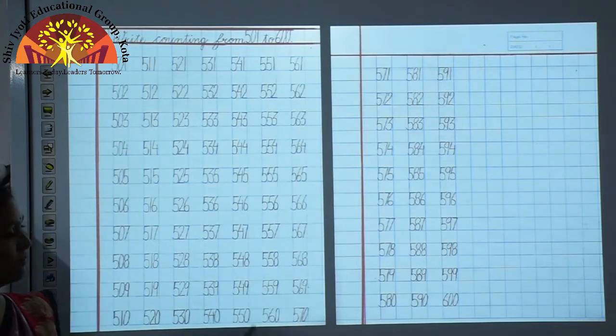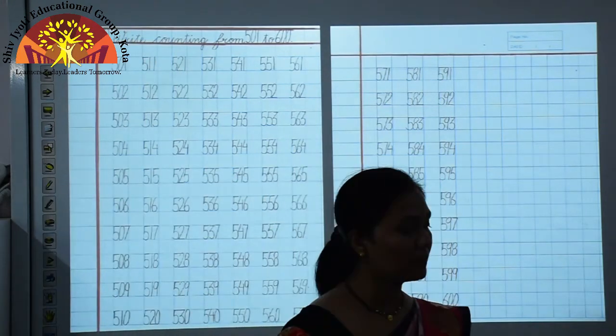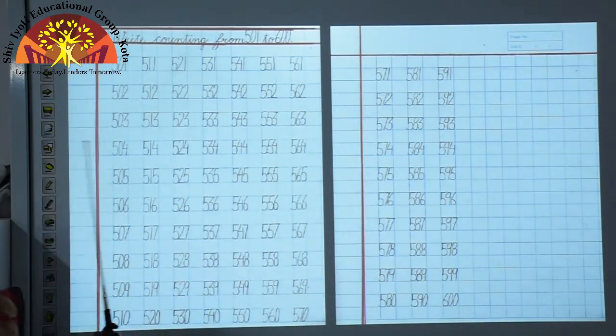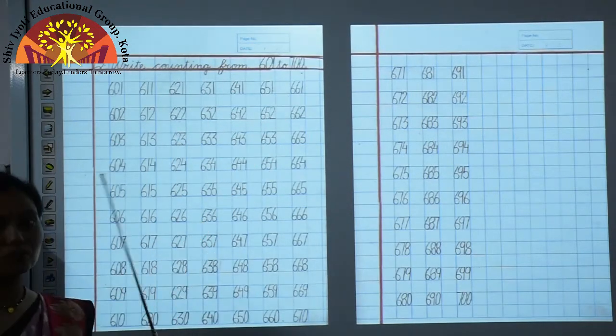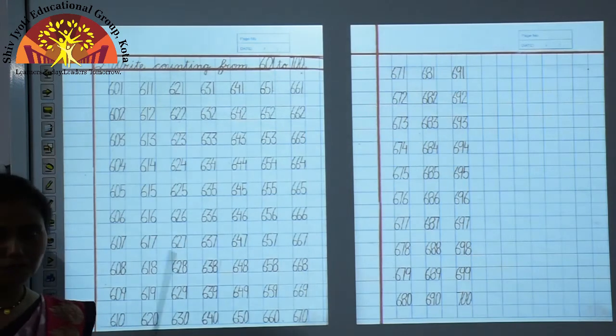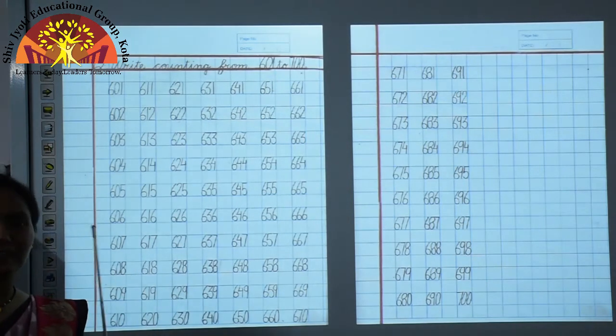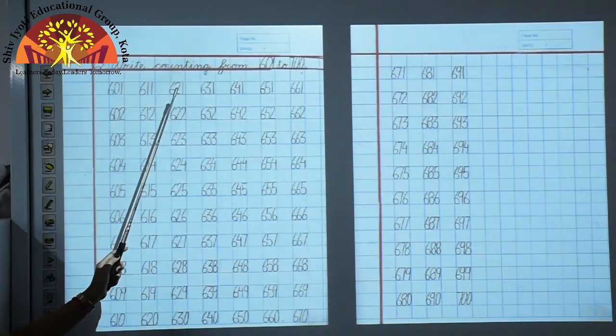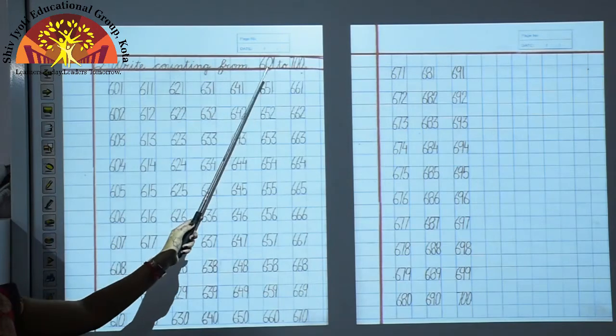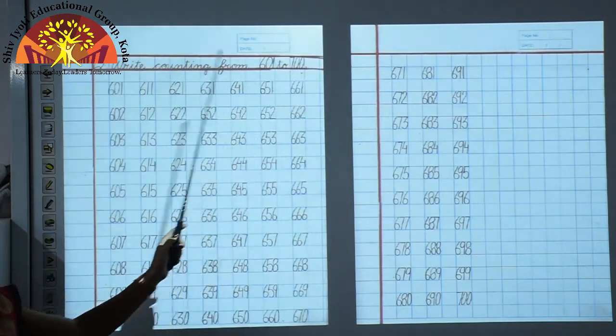Now we will write counting 601 to 700. So children, do this counting in a neat and clean manner in your notebook. Now next is write counting from 601 to 700.